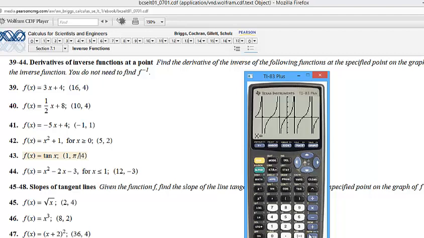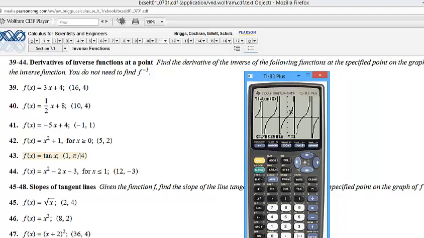We can talk about the value pi over 4. There. Notice what's the output? 1. So the tangent of pi over 4 is 1. You guys with me?